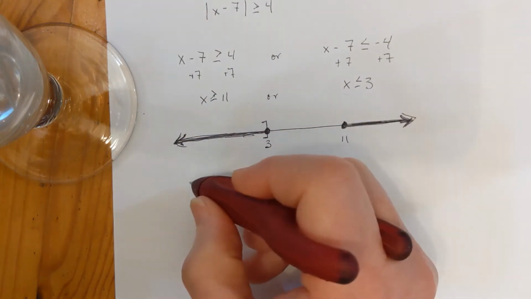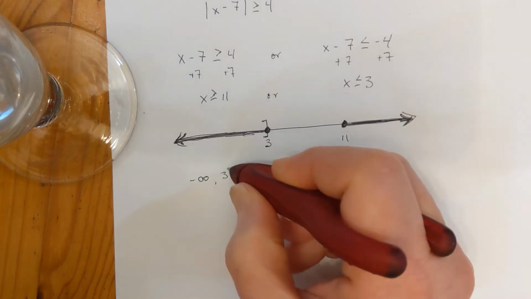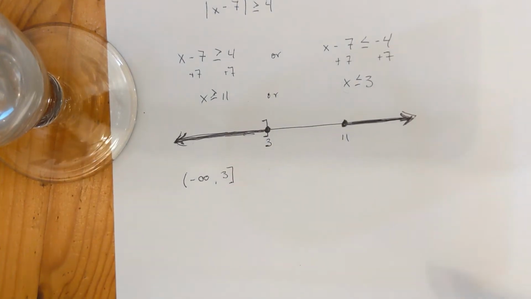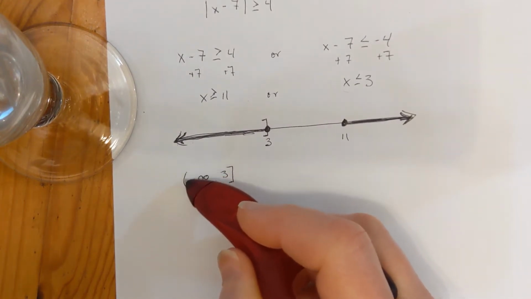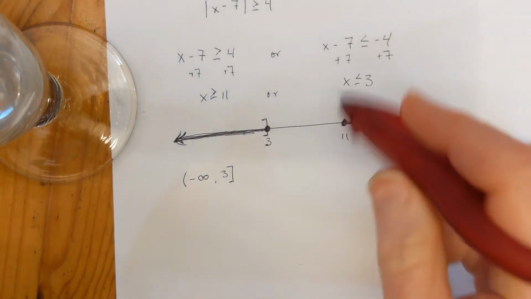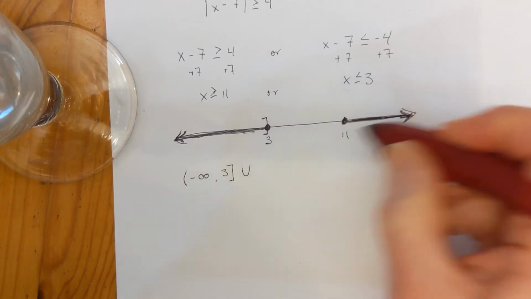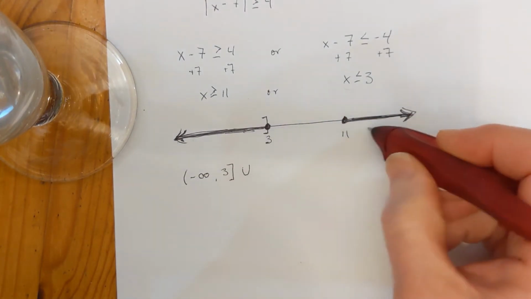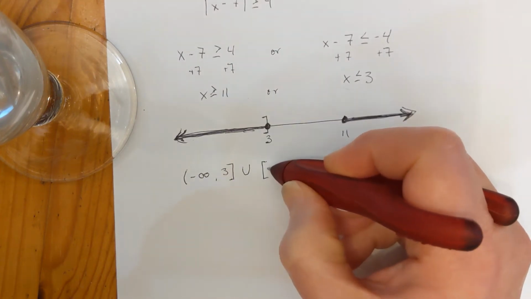This interval goes down to negative infinity and up to 3, up to and including 3. We can never get all the way to negative infinity, so it's always curved. When we get to the infinities, it's always curved. Now this is the union of, because all these answers are also possible answers up here, greater than or equal to 11.